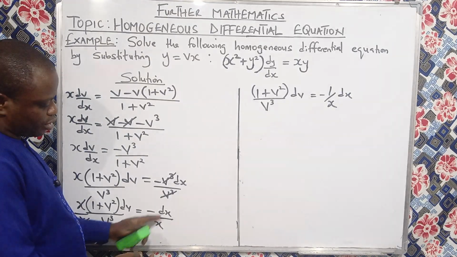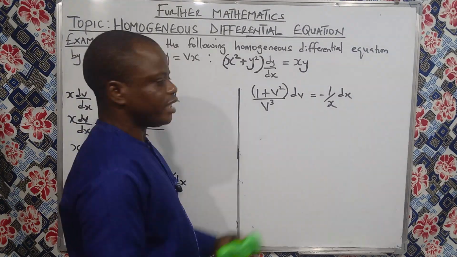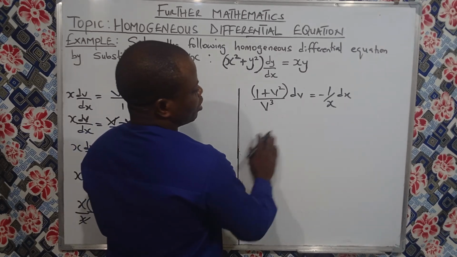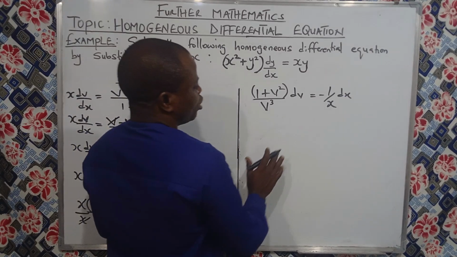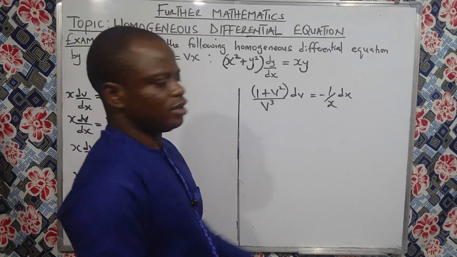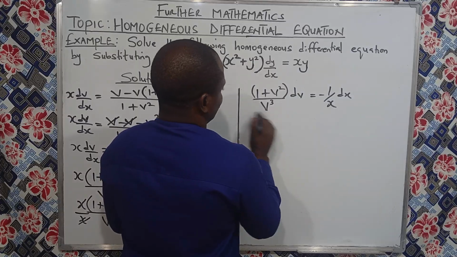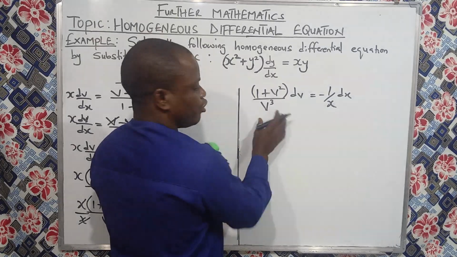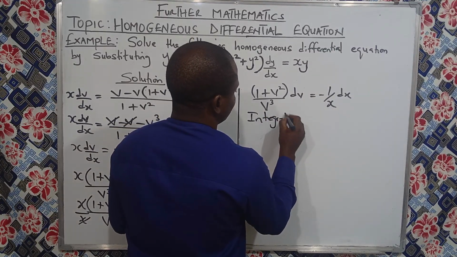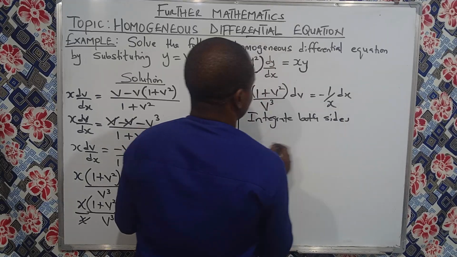You try to separate it from dx so that it will be very easy for us to find the length of x. Now, since you have separated everything to be in terms of v and x, it's very easy for us to integrate. We have done the separation of variables. Now integrate both sides of the equation.